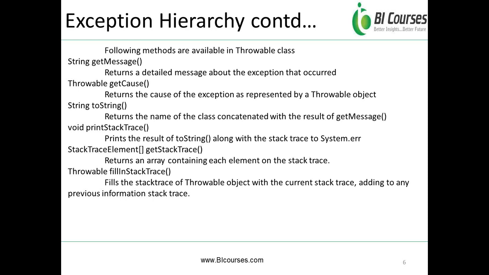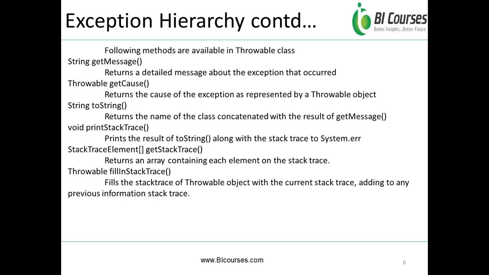And we have the toString method, which returns the name of the class concatenated with the result of getMessage. And printStackTrace prints the result of toString along with the stack trace to System.err.